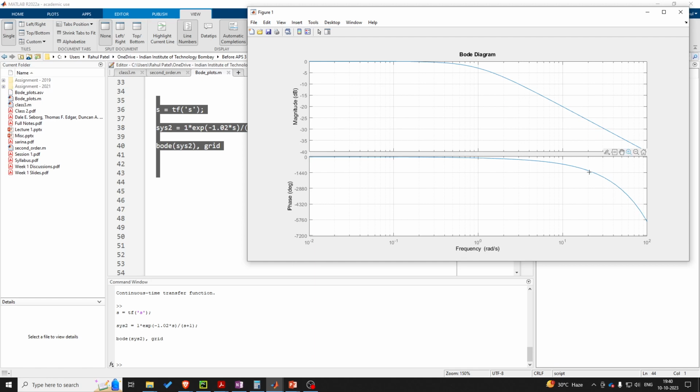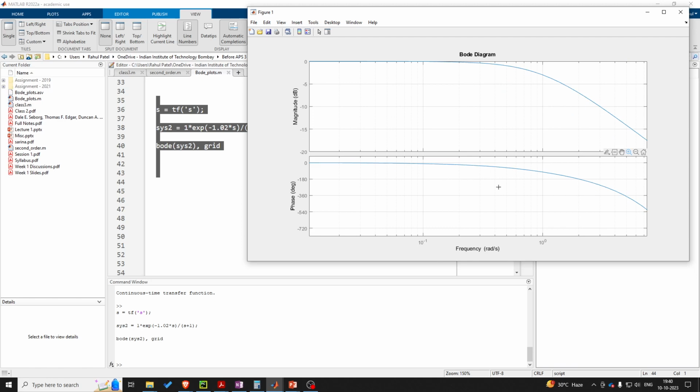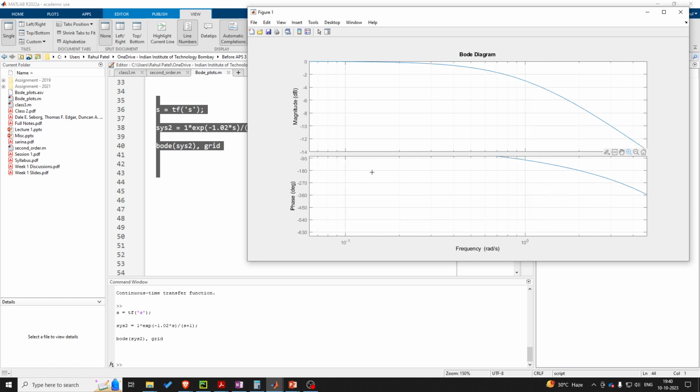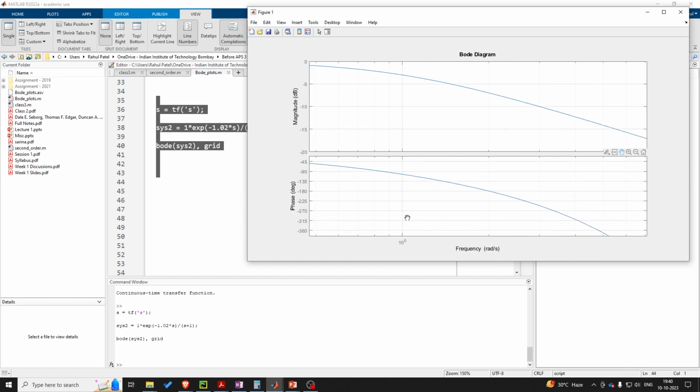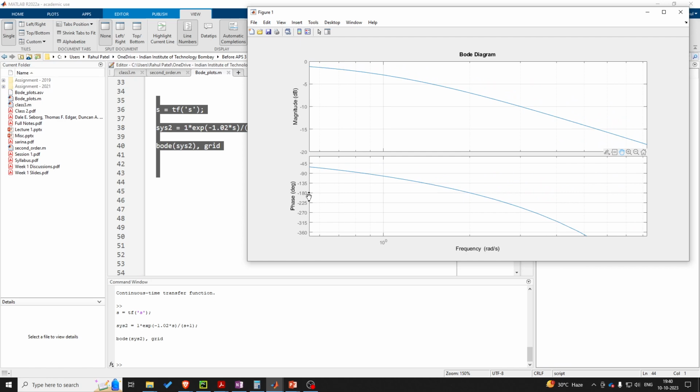So that I will just show it to you. We'll just zoom into this plot. So over here we can see that this is the line corresponding to minus 180 degrees, and this intersects our Bode plot at this point.